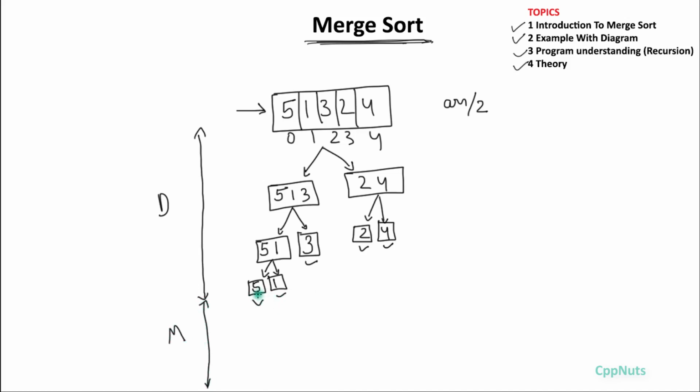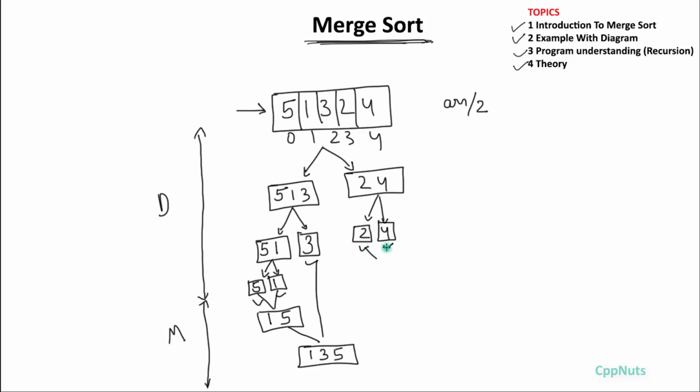The idea is you will take two elements and merge it by sorting them, okay. So 1 should come first and 5 should come later, okay. Now you will merge this array with 3, so it would ultimately look like 1, 3 and 5, okay.